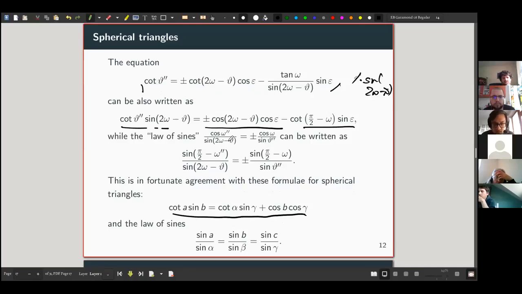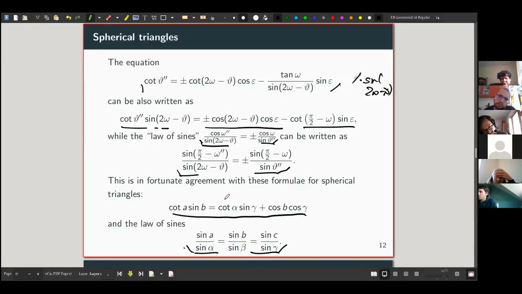But if we take the law of sines that we derived before, we can also write it in the form of a real, let's say, law of sines. So it has all sines in here. And once more, a very similar law of sines holds for the spherical triangles as well. So that's a nice thing too.